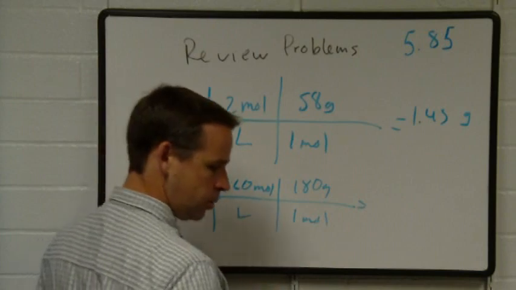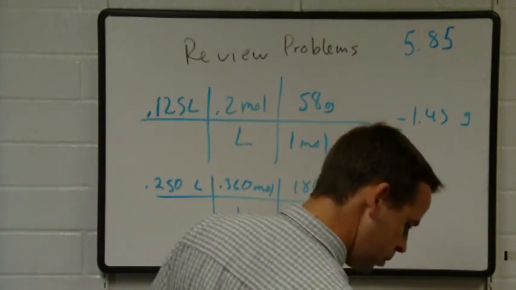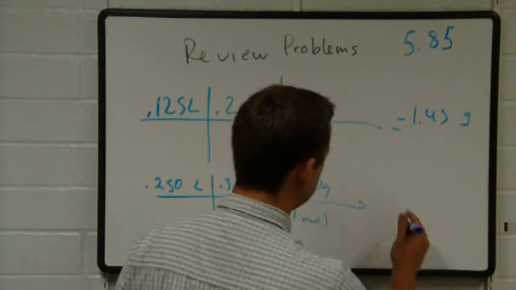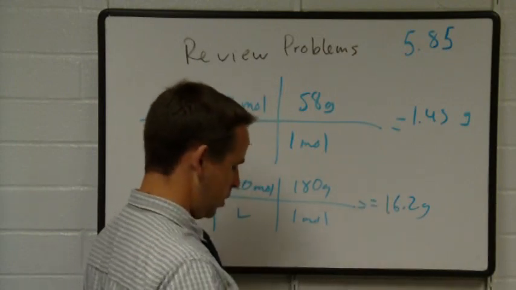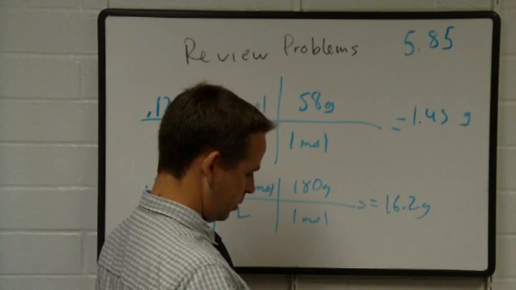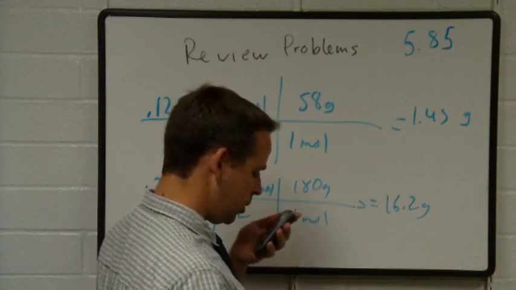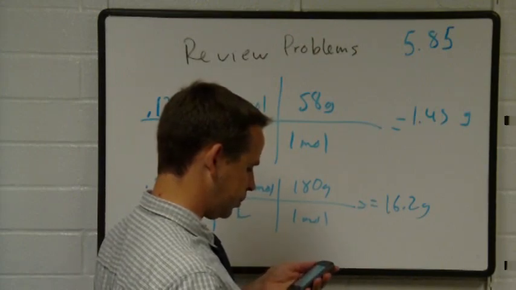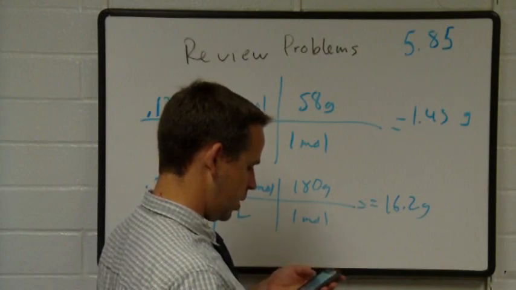So 0.25 times 0.36 times 180. 16.2. All right, and we can double check here for the molar mass of glucose. Okay, let's see, 180.16.